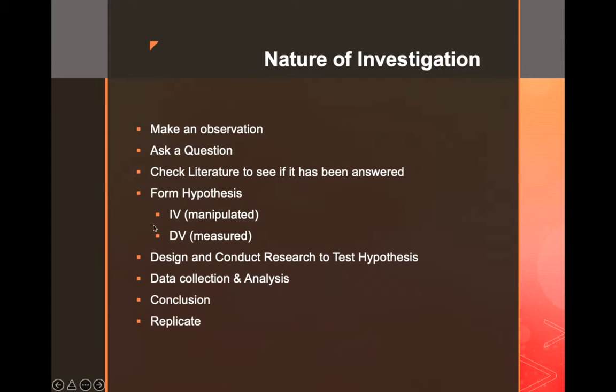Here you come up with an IV and a DV. An IV and DV are basically an independent variable and a dependent variable. An independent variable is something that you can manipulate, right? So in this case, the independent variable is the urban versus rural setting. It's independent; it doesn't depend on anything.